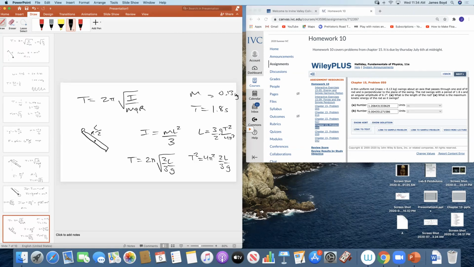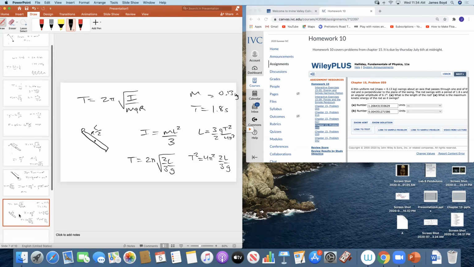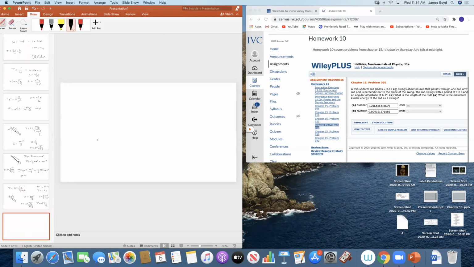And then they ask us, what is the maximum kinetic energy of this rod as it swings? And so when you do that, you need to figure out what I omega squared is plus mv squared is, right? For this thing.